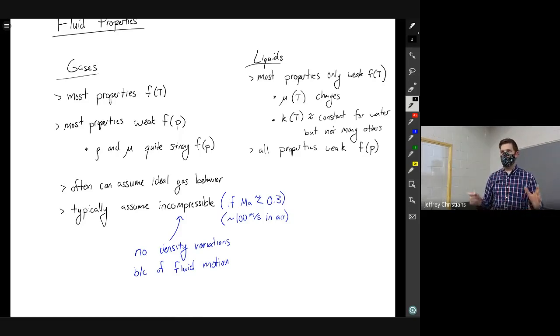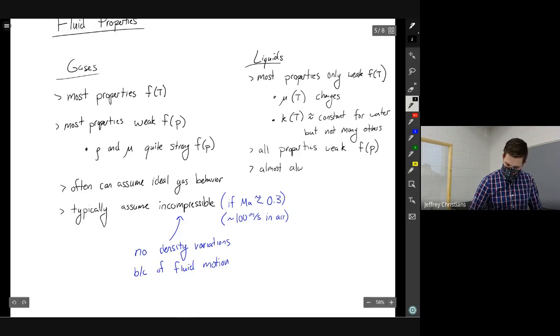Most of the other properties, like heat capacity, density and thermal conductivity, stay basically the same. So you can consider the problem we did last time. The big effect is that we get lower viscosity, which gives us different behavior. These are almost always incompressible.